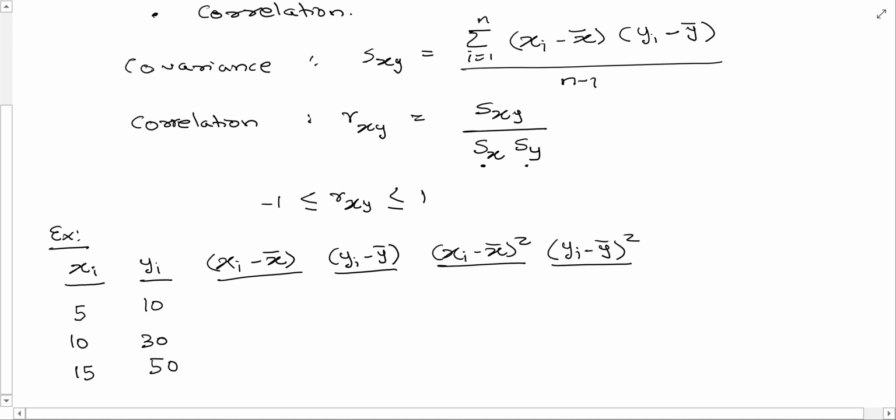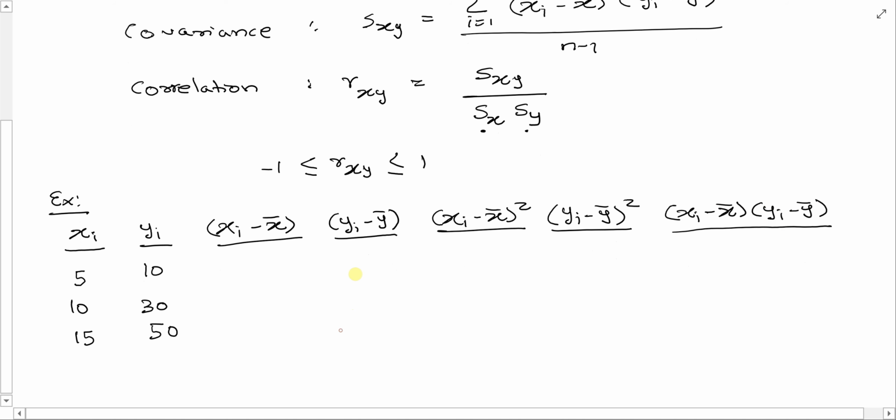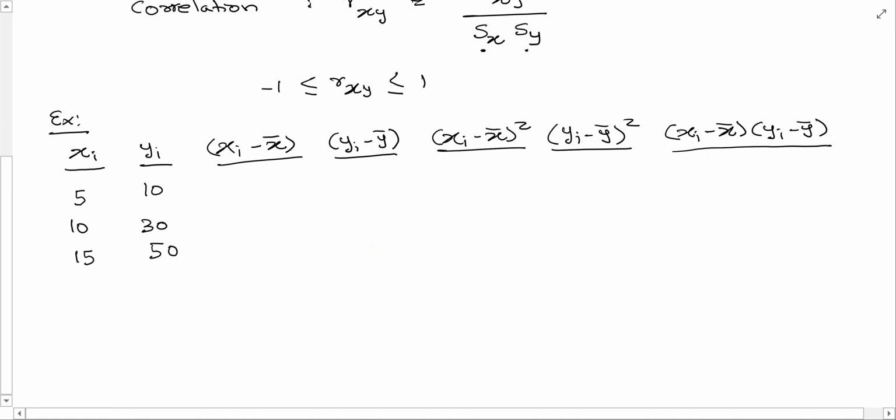This you will need for your standard deviation, sx and sy. And then, of course, for covariance, we would also want to figure out the product of the two deviations from the mean, right? So that's what we will have to calculate to figure out covariance and correlation. So let's go about doing that.